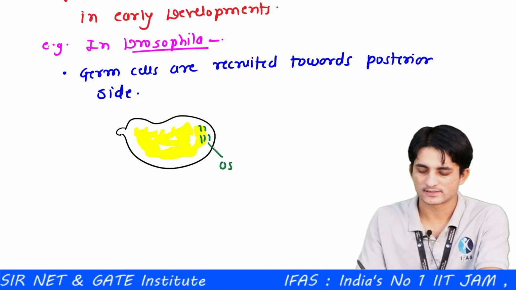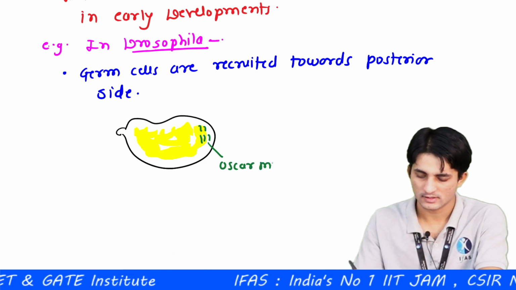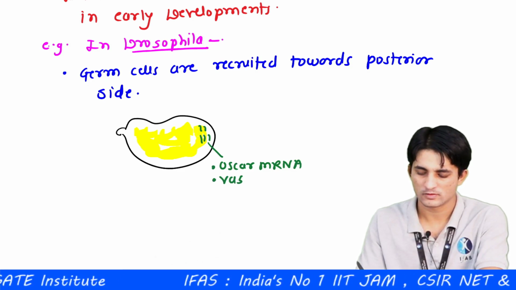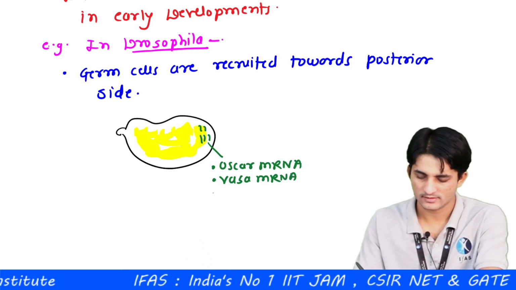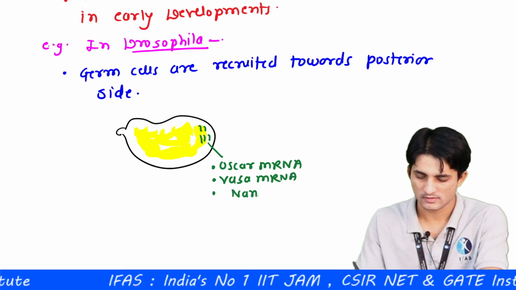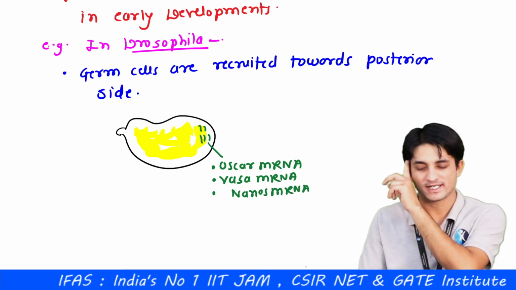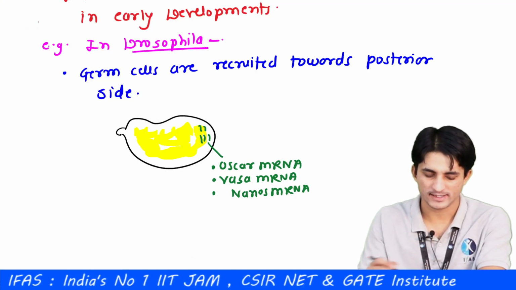These are called Oskar mRNA, Vasa mRNA, then Nanos mRNA. And what they do, these mRNAs, they are the RNA binding proteins.